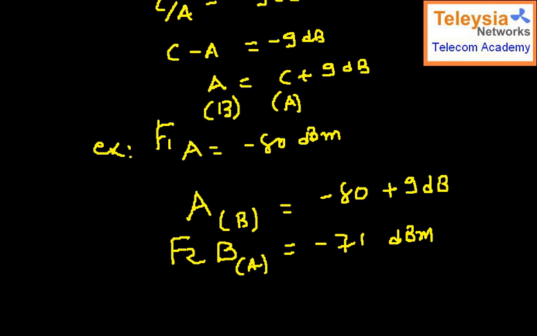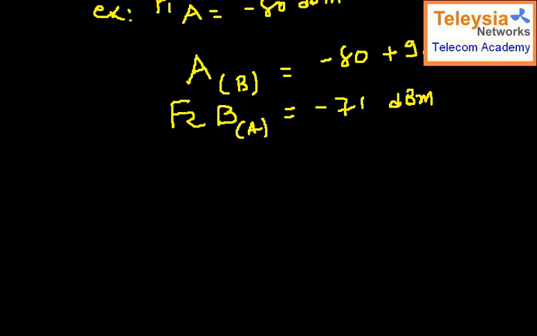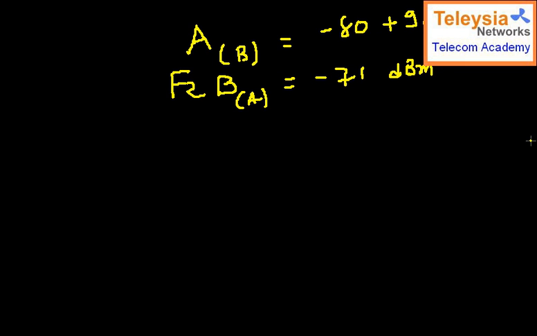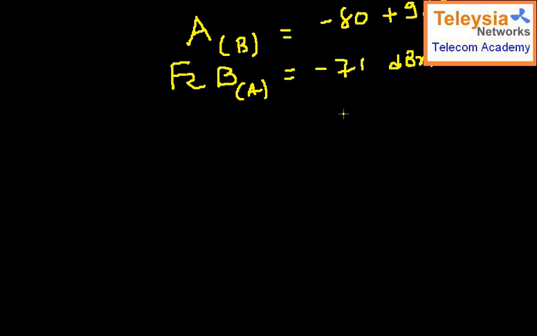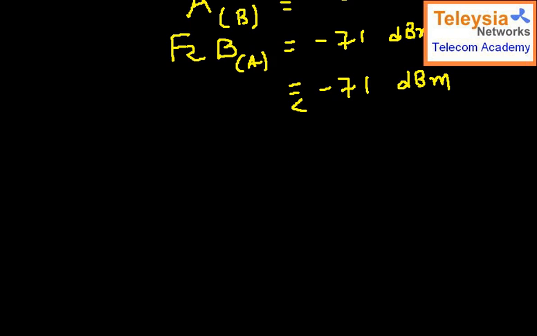Still I can say this is a good RF environment where B is not creating much interference to cell A, which has the F1 frequency. So B should be equal to or less than 71 dBm, right? What is the meaning of this 71 dBm or less?